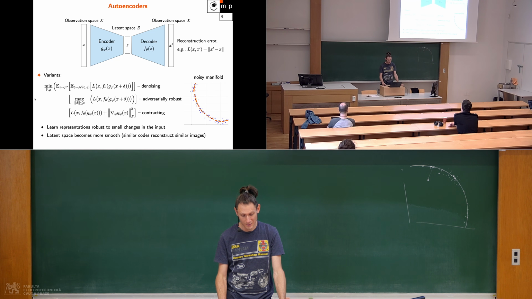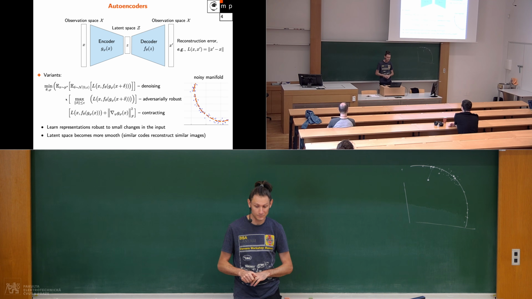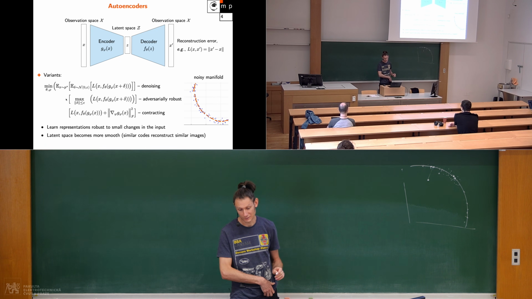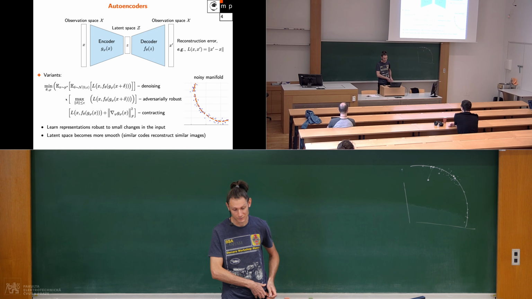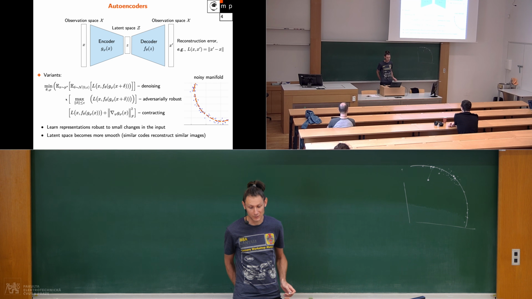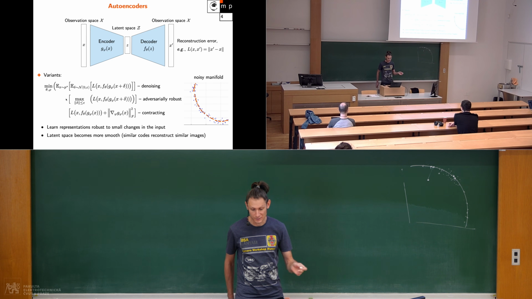Then we want to minimize this expectation in our encoder-decoder, so as to be robust to adversarial perturbations. This also has some advantages, like being even more robust to all kinds of noises or distortions.